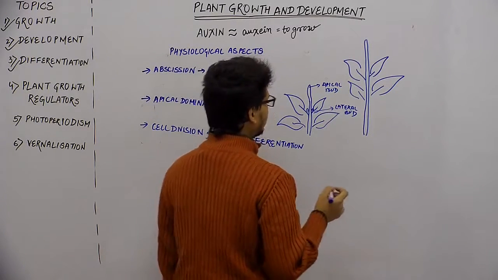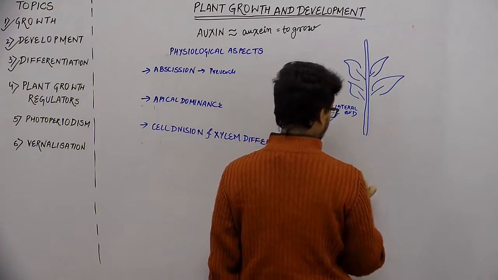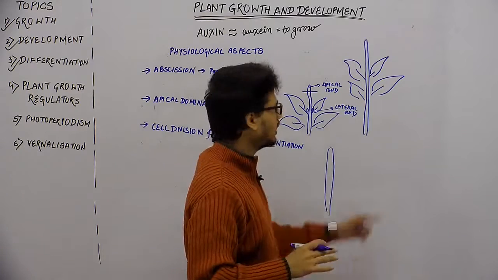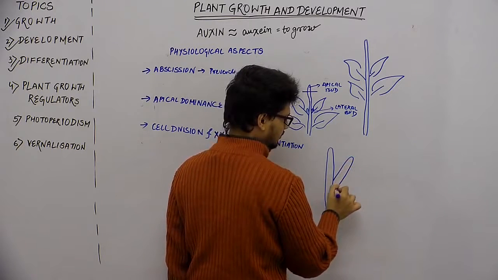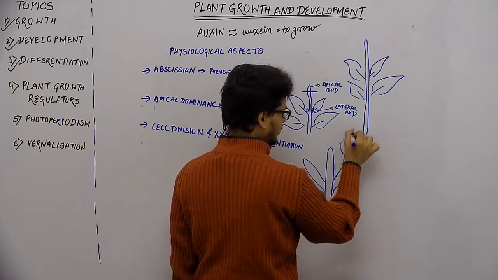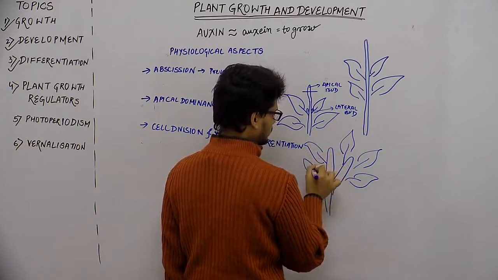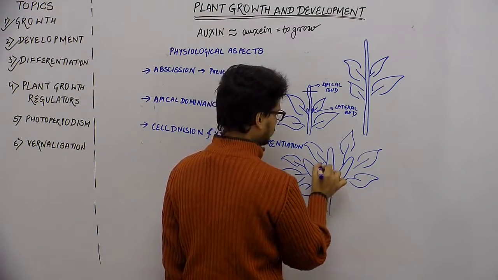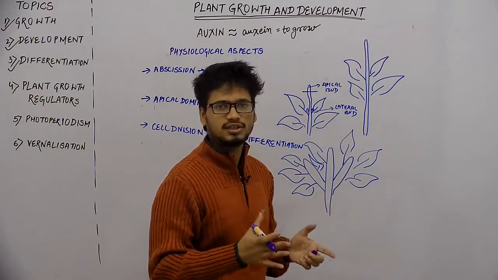If we remove the apical bud, the plant will not grow that tall as it did in its presence, but a lot of lateral buds will develop. In short, instead of growing taller, the plant will grow bushier.